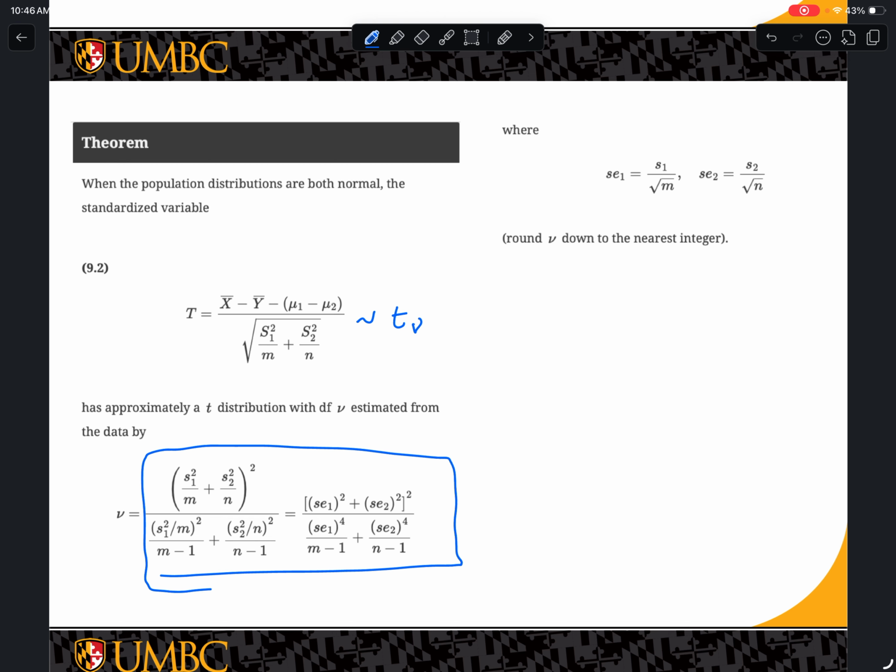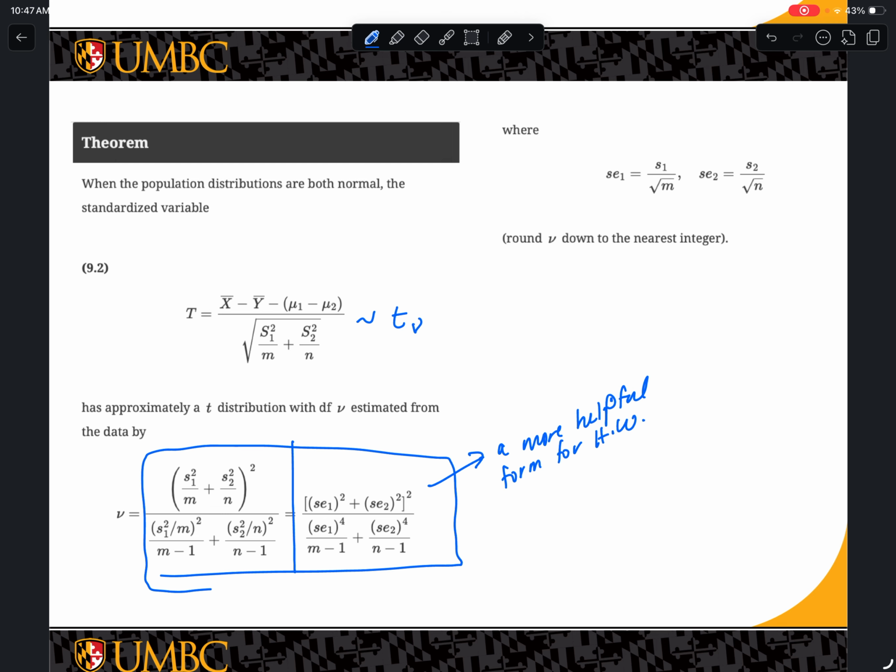I just wanted to show you, this is in two parts, so they're expressing it in two different ways. This side here is probably going to be the more helpful form for your homework.